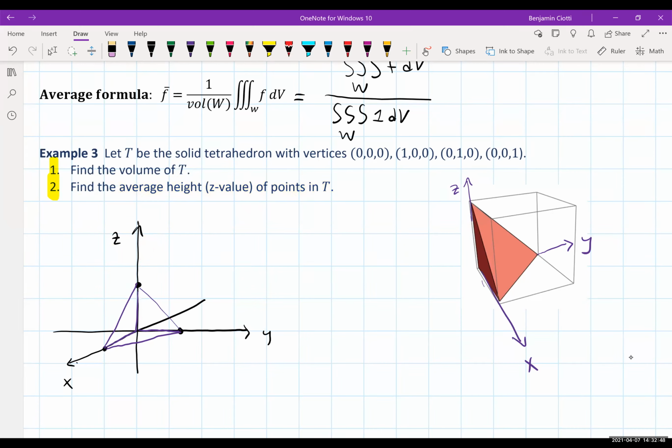So I want you to find the average of all the z values of points in T, i.e., we want the average of the function f(x, y, z) equal to z.